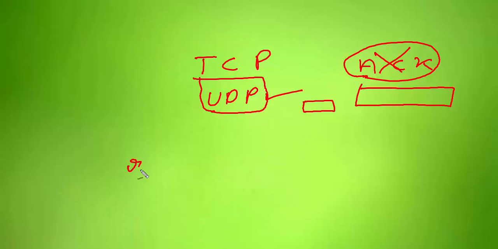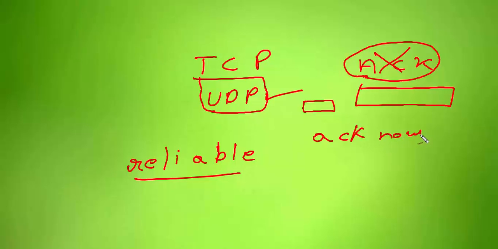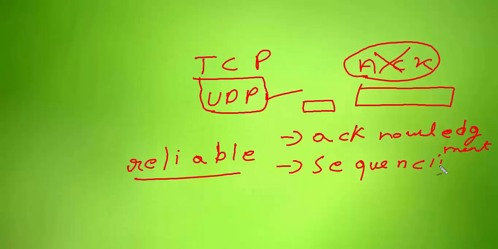So whenever we use this term reliable communication, we are talking basically about acknowledgement, sequencing, and flow control.